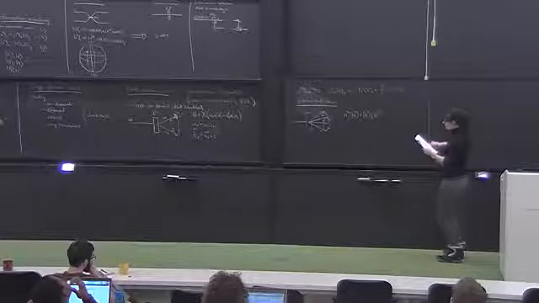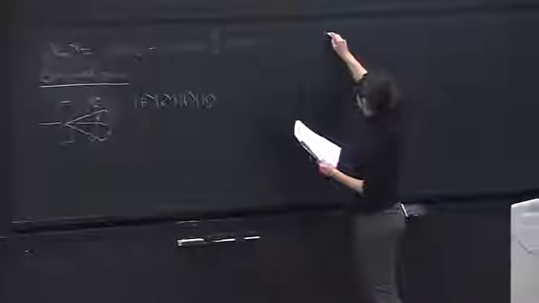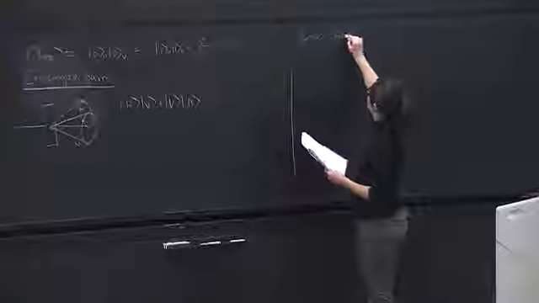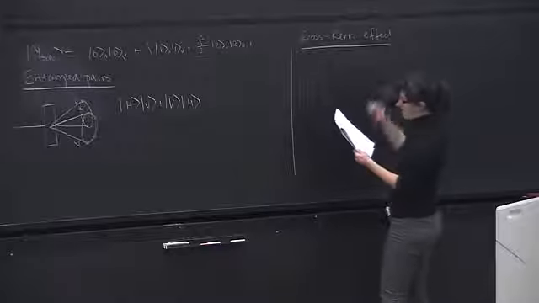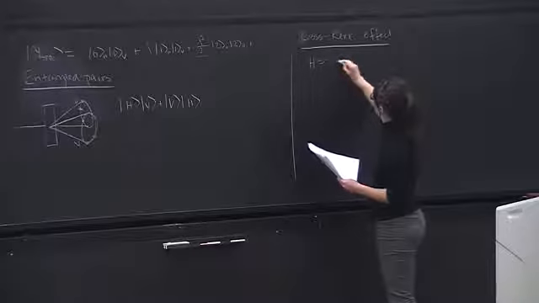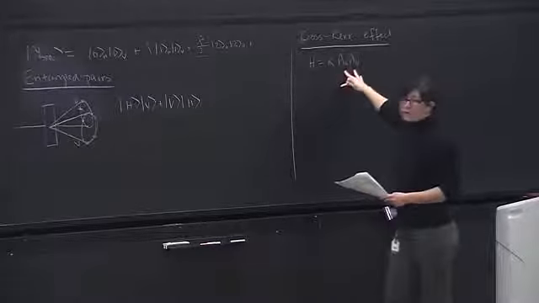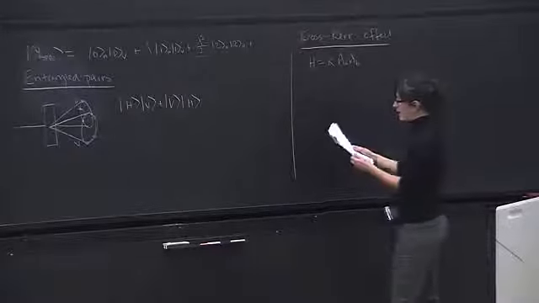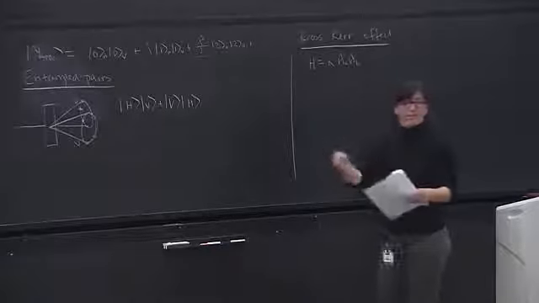So this is an effect that's called the Cross-Kerr effect. And the Hamiltonian for that is going to be, where these are the number operators that were defined before as A dagger A. And what this does is it induces a phase shift on the light that depends on the number of photons in the state.